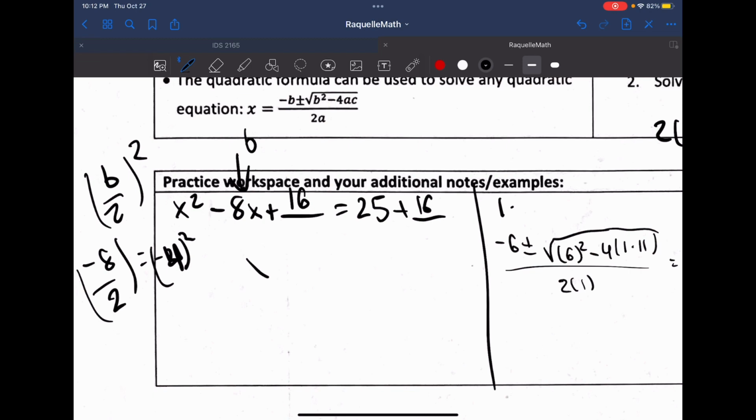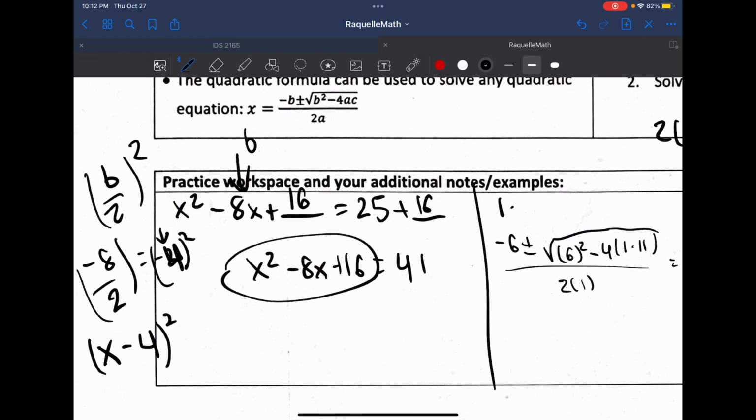And so x squared minus 8x plus 16 equals 41. So remember, what's in the parentheses is basically what the equation is going to be, x minus 4 squared. So we're going to have x minus 4 squared equals 41.